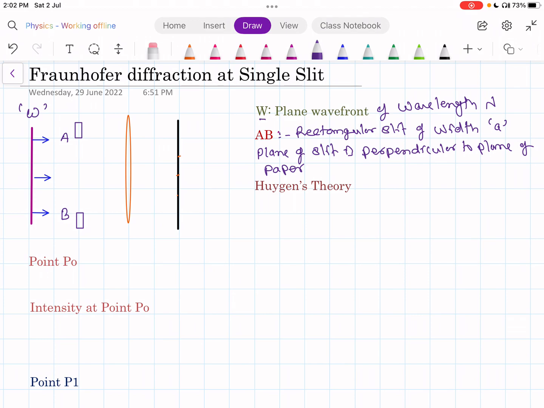So the plane of the slit is perpendicular to the plane of the paper.